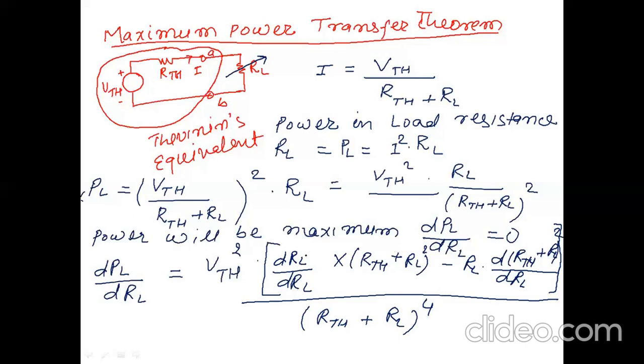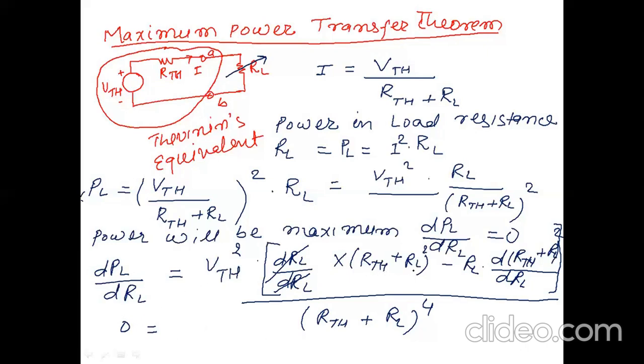If you differentiate, this cancels out. Here when we differentiate, 2 will come this side. This differentiation we have to make 0 for maximum power. So bringing this side, it will become 0.